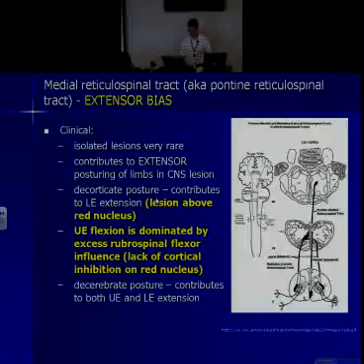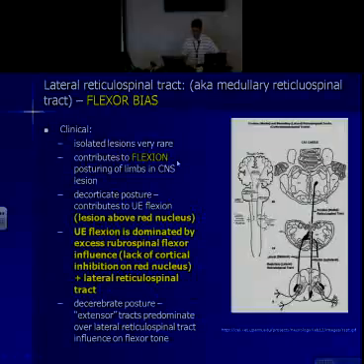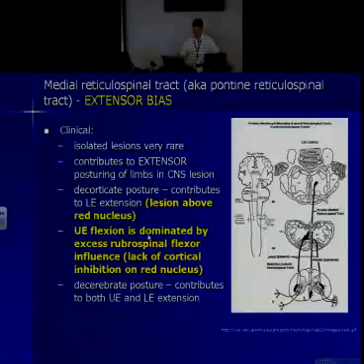So that's the extent of looking at this. I'll sneak over to this one before we talk about the other. As I said before, this is a little bit more on the outside, running with that rubrospinal tract, and again, more in line with the flexor piece of it all. So that's how I would separate the two of them. Essentially, these two slides about a lesion above or below the red nucleus are a little too simplistic.